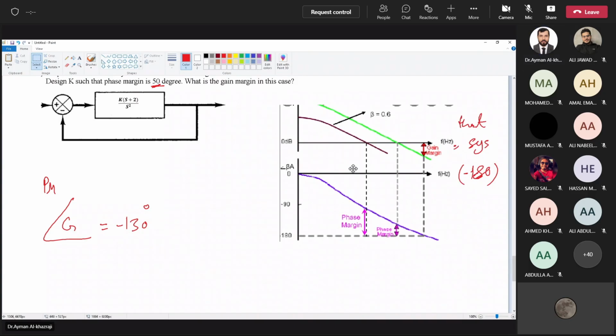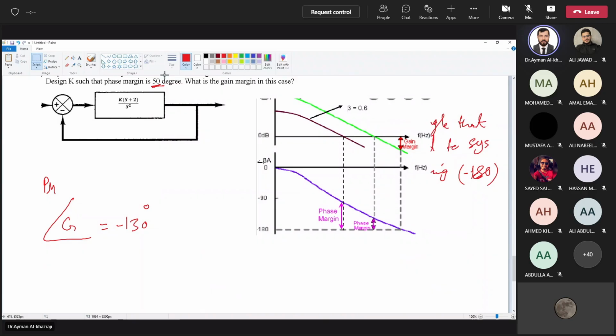So my angle is minus 130, right? What is the angle here? The angle here is tan inverse omega over 2 minus 180, equal to minus 130.